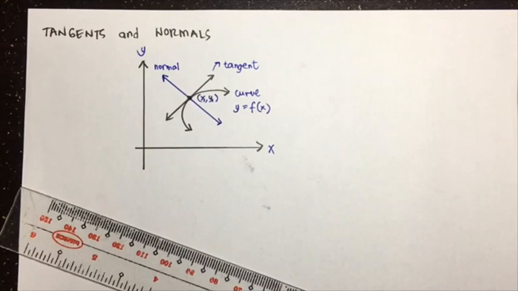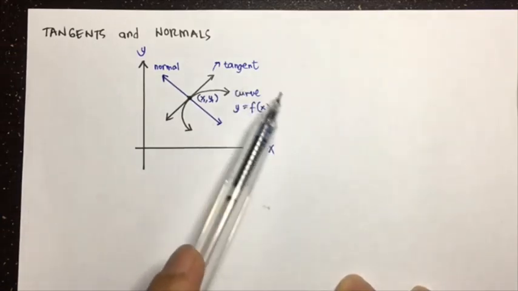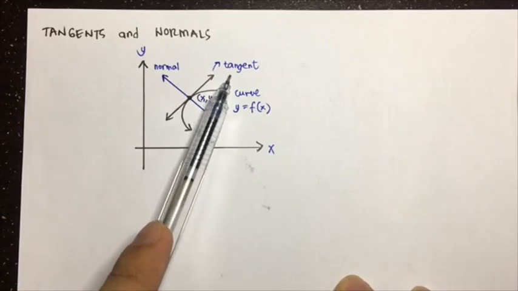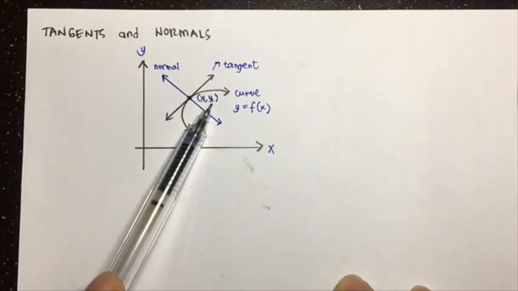In differential calculus, the derivative is very helpful because the derivative actually describes the slope of the tangent line at the point of tangency x1 and y1.